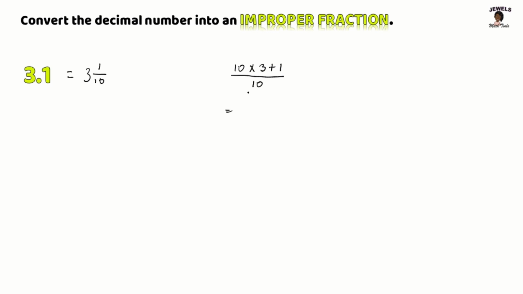So 10 times 3 is equal to 30, and 30 plus 1 is equal to 31 tenths. So my decimal number 3.1 as an improper fraction is 31 tenths.